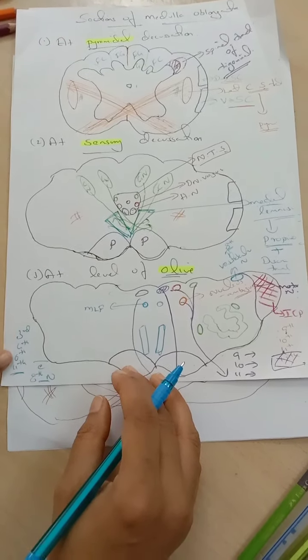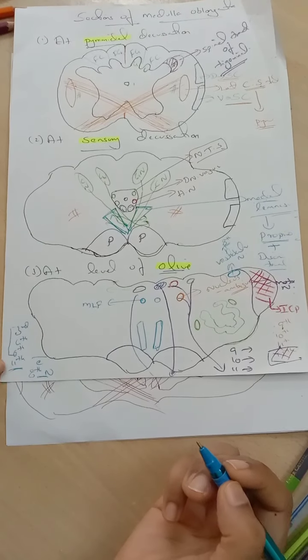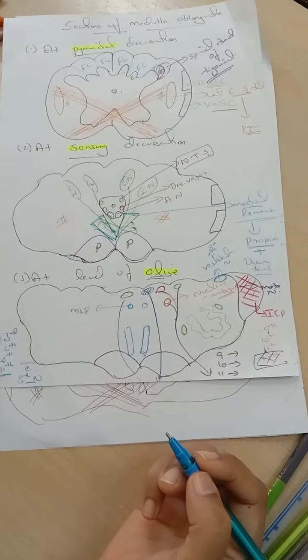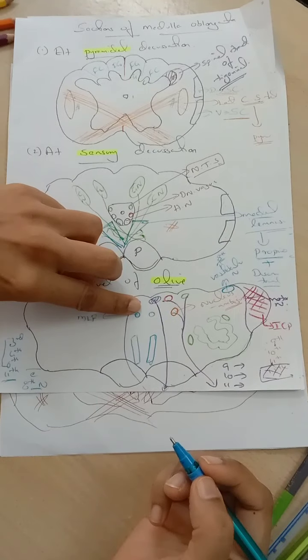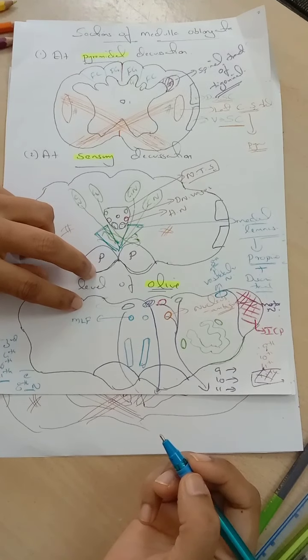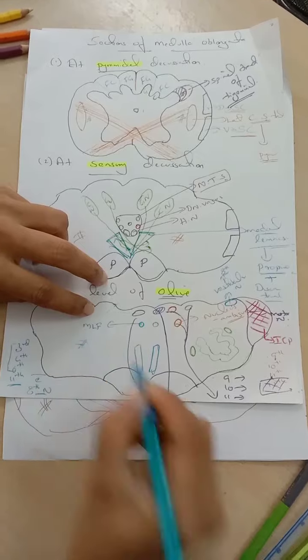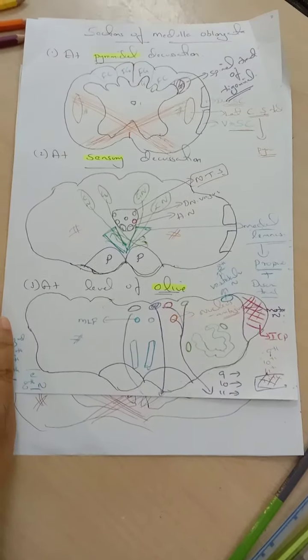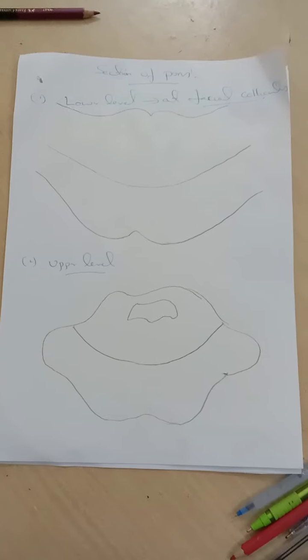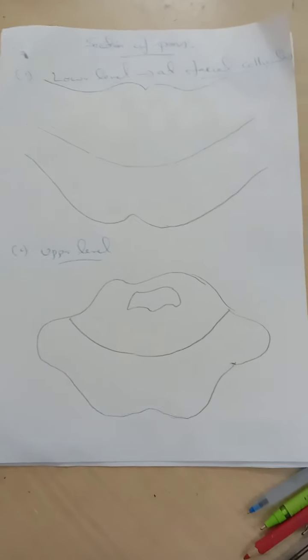We need to move our eyeball with these nuclei and move our neck with the 11th cranial nerve. That is the function of the medial longitudinal fasciculus. Again, the reticular fibers, everything, you need to duplicate the same here. So these are the sections of the pons.